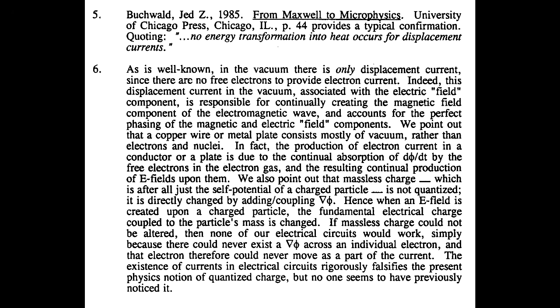If massless charge could not be altered, then none of our electrical circuits would work, simply because there could never exist a delphi across an individual electron, and that electron therefore could never move as a part of the current. The existence of currents in electrical circuits rigorously falsifies the present physics notion of quantized charge, but no one seems to have previously noticed it.